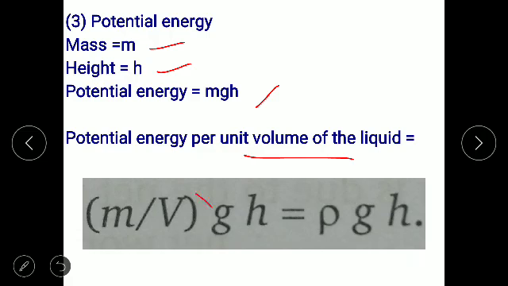Now again m divided by V is density, so rho gh is potential energy per unit volume of the liquid. So I've just told you about three different types of energy, that is pressure energy, kinetic energy and potential energy. So keeping that in mind, we'll move on to another topic, that is Bernoulli's theorem.